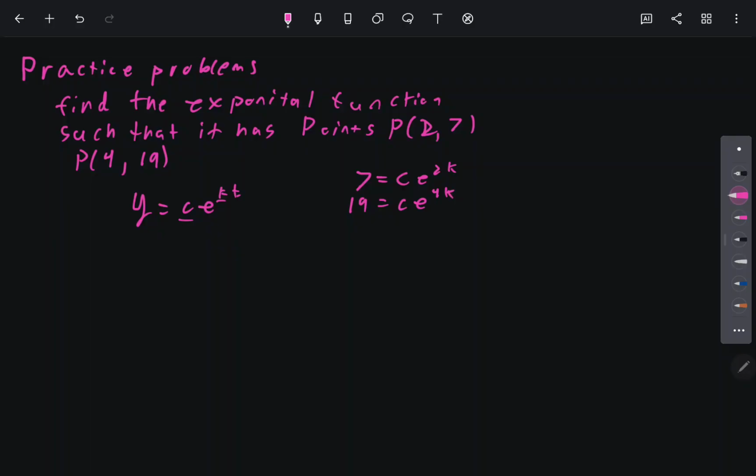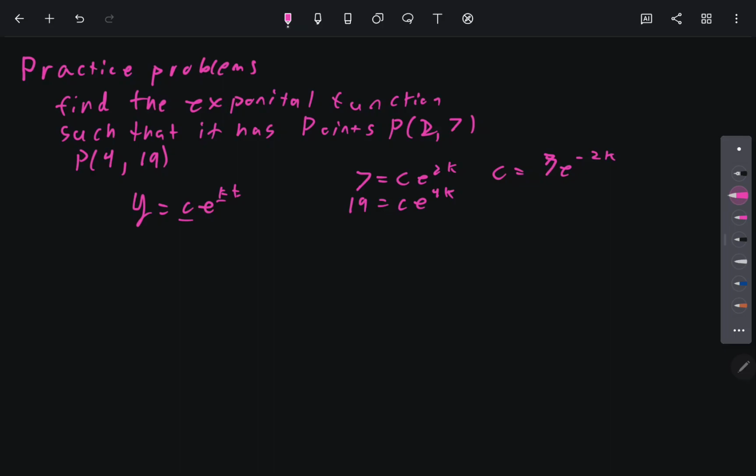Now the way that we're going to solve this is we're going to get the c by itself, plug it into the other equation, and then take that result and solve for k. So c is going to be equal to 7e to the negative 2k.